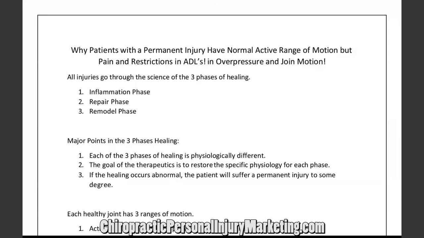And remember, you should have the documentation to support all this. Then you have the impairment indexes. The impairment indexes are vital because they show the pain and restrictions with activities of daily living. And then, of course, the prognosis and the need for future care.